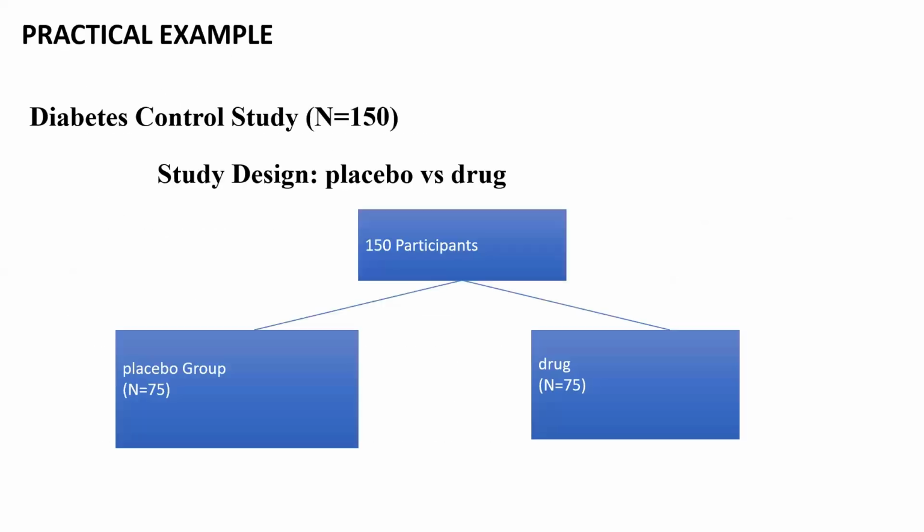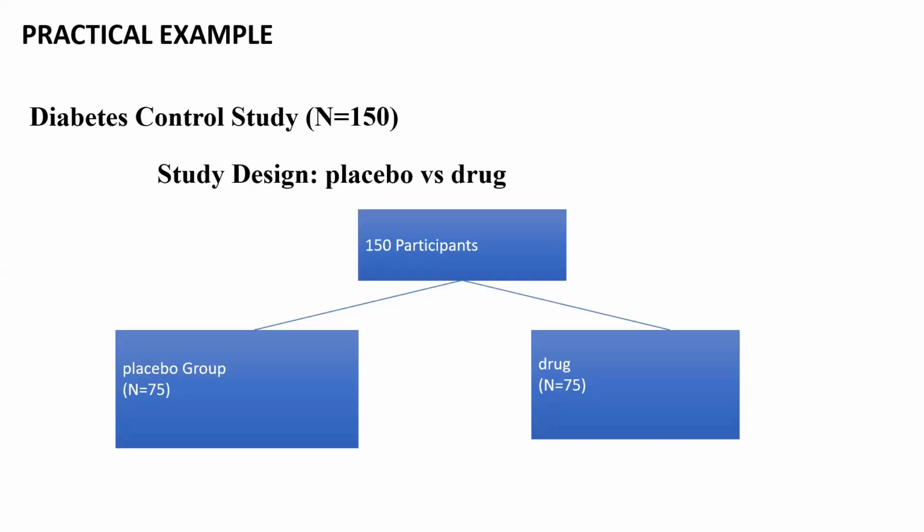So allow me to introduce you to our practical example, the one that you are going to use. Our practical example is a controlled study that I'm trying to do. It's a study design between a placebo and a drug.